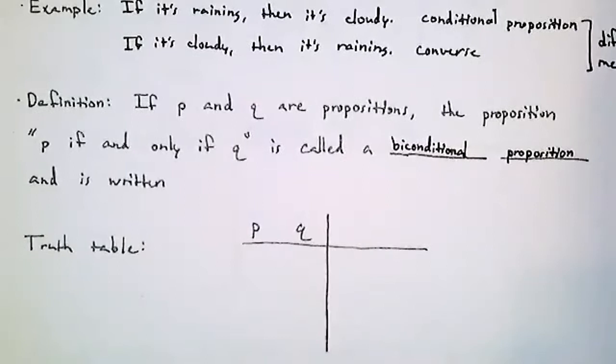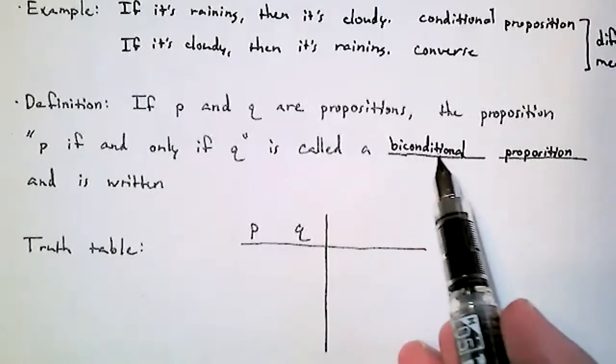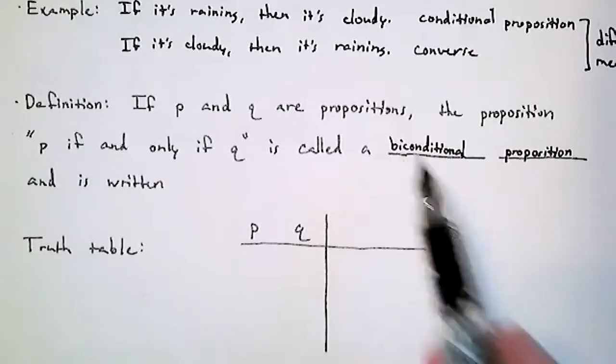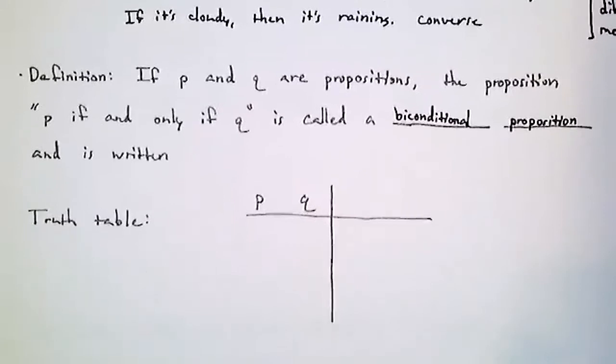And we'll get to the reason eventually why it's called a biconditional. So the other one is just called conditional, and the word bi means two. So I'm somehow making this two conditional.